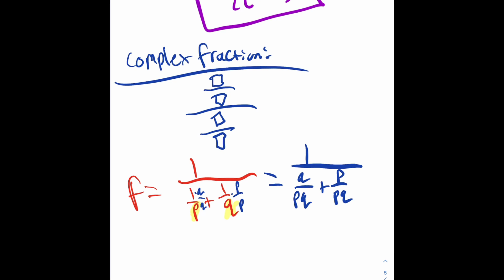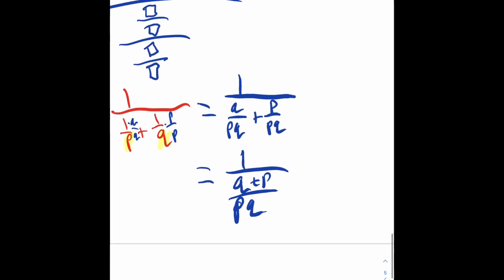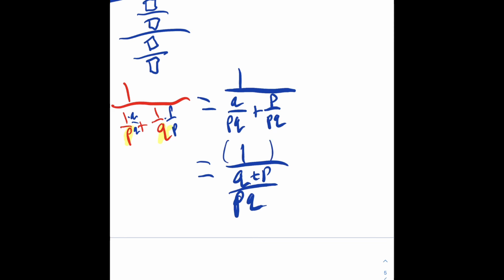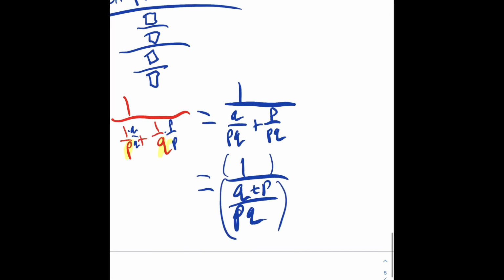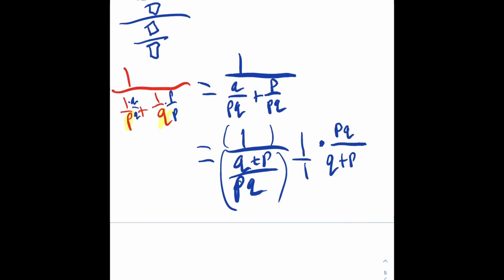So as I continue to simplify, I'm going to be left with 1 over q plus p all over pq. And what you have to remember is this is 1 divided by whatever's underneath. So when we divide fractions, we keep, we change, and then we flip our numerator and our denominator.